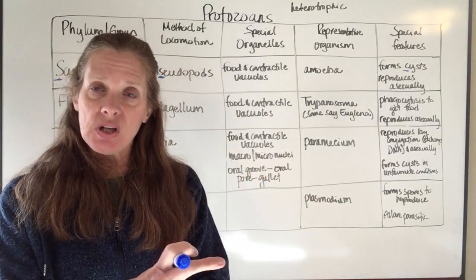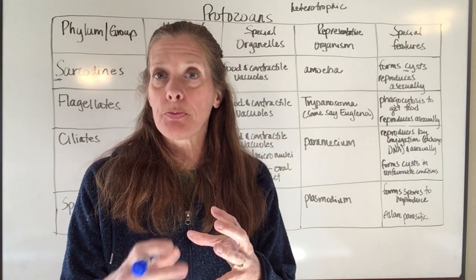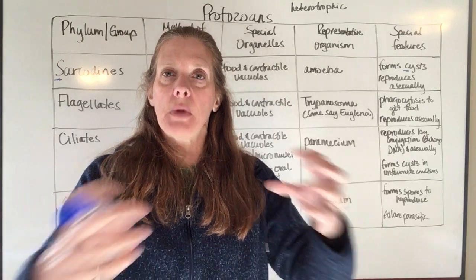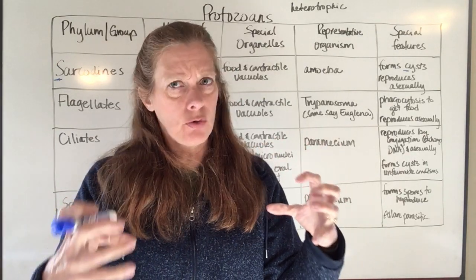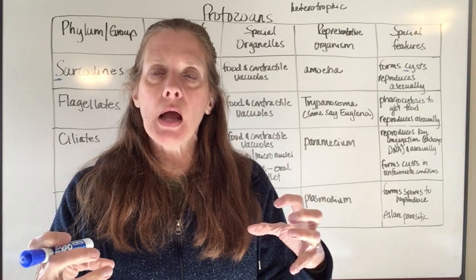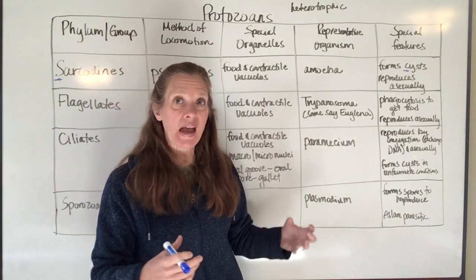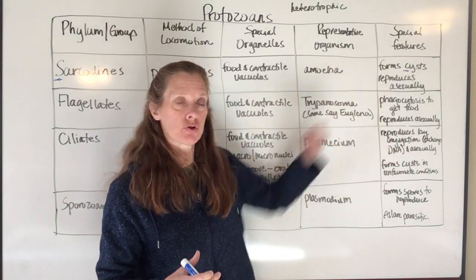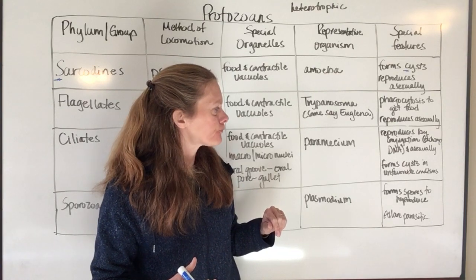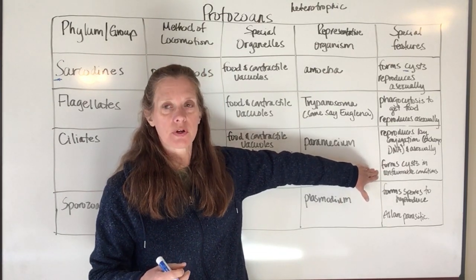They exchange the information, but at that particular point, there's actually no reproduction because you have two Paramecium. They join together for conjugation, then they separate again. So again, no reproduction has taken place at that point. But after the genetic material has been exchanged, they will then reproduce asexually, just like the first two classes that we talked about. Okay, these guys also will form cysts in unfavorable conditions.